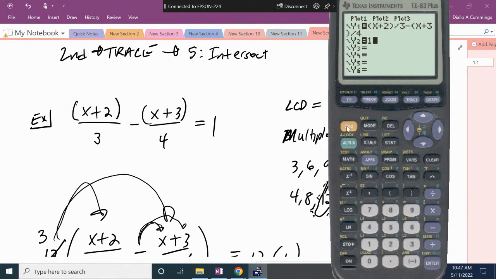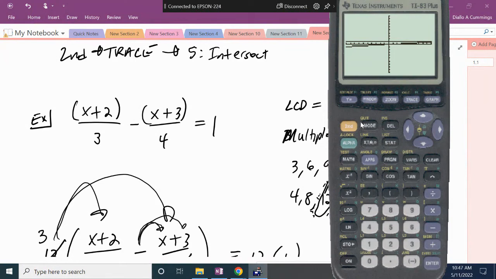I'm going to graph by using Zoom 6. Now, here's just one thing about using a calculator. In order for the calculator to find a solution, you must see the point of intersection.